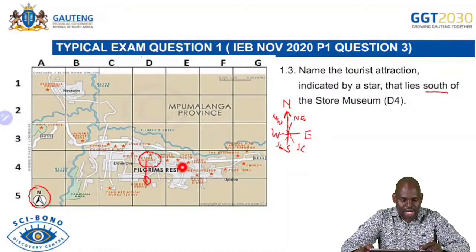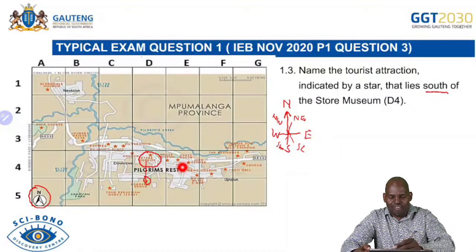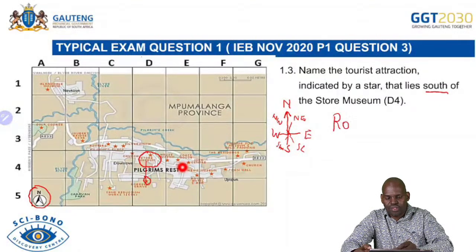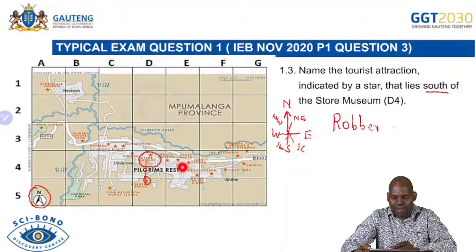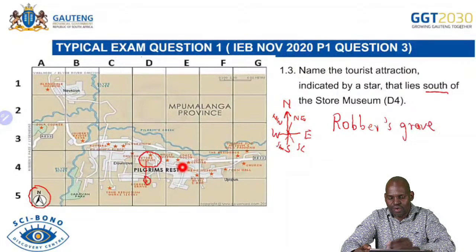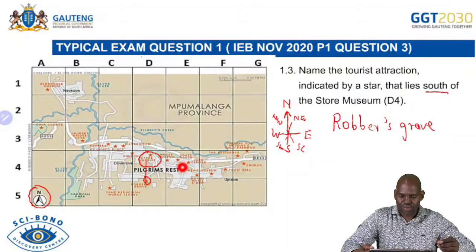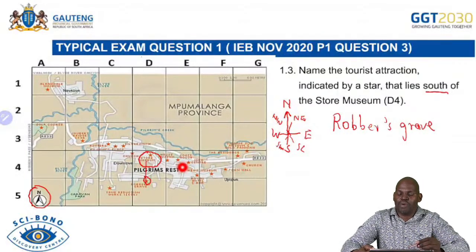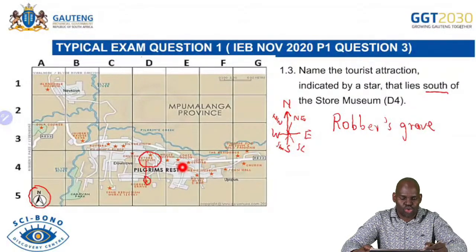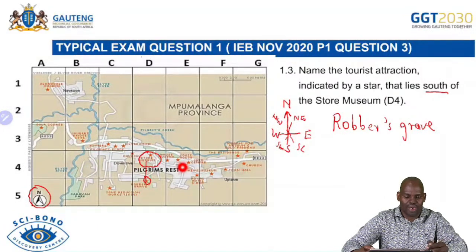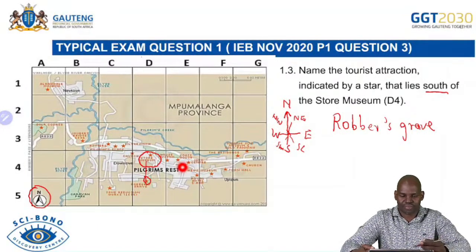So this one is Robert's grave. Okay, so that is the answer for number 1.3. We just had to look. They say south of the Stowe Museum. So this is the Stowe Museum, and then to the south, that is Robert's grave.